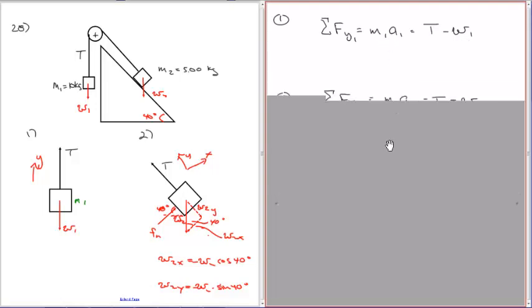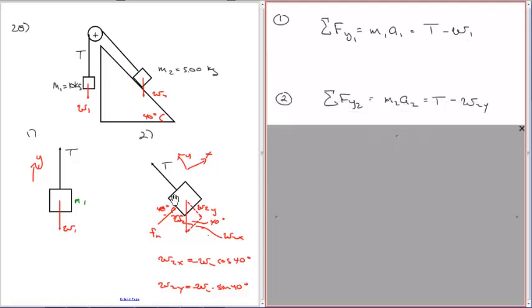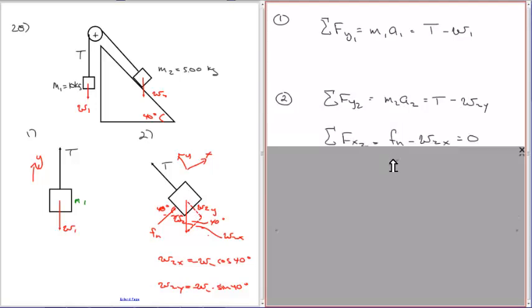For object number 2, in the y direction, we have the mass times the acceleration, m2 A2. And then we have a tension, which is pulling in the positive y direction, and this weight, which is going in the negative y direction. So it's going to be a negative quantity, so we've got to be careful here. We don't have a double dip here.